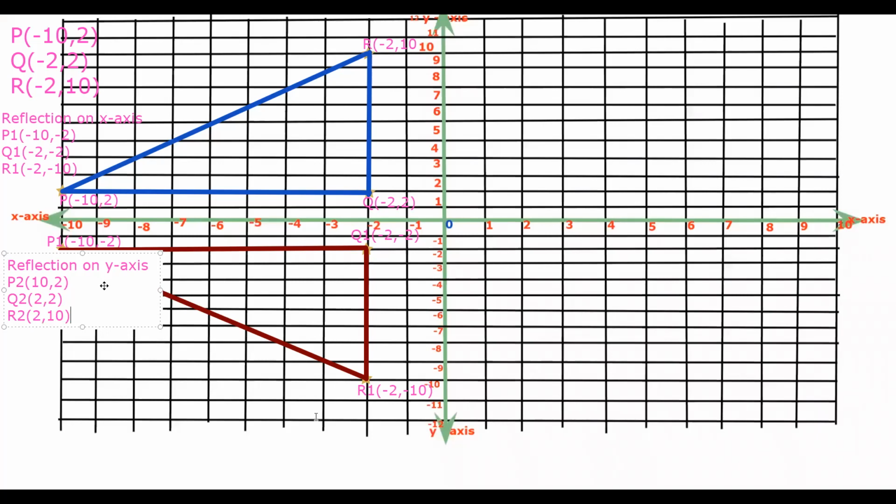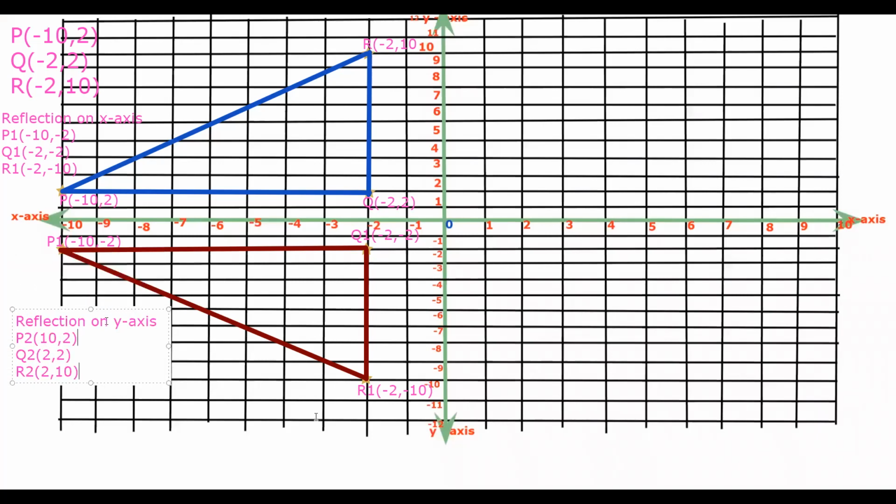Okay, then let's put this one here. That is the reflection on the y-axis. So P2 is what? Positive 10 and positive 2.